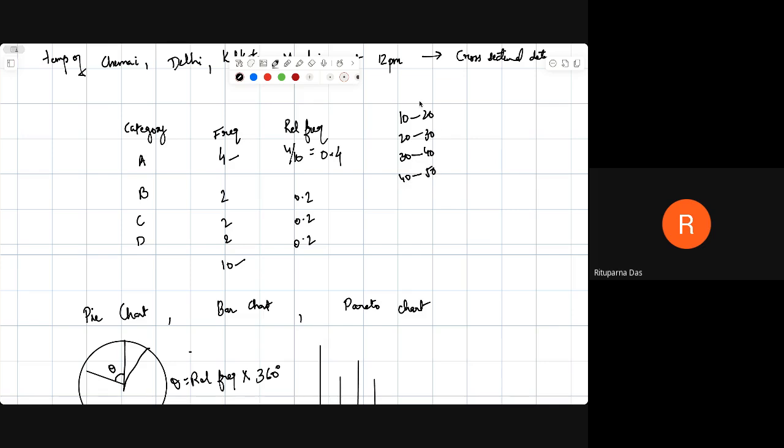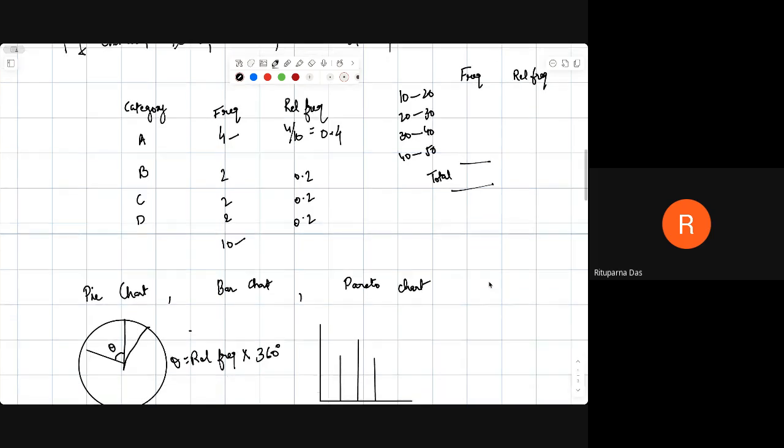Because numerical data is interval or ratio, the number that can happen is continuous, which is why it has to be divided into ranges, and for each range we list out the frequencies, and accordingly we get the total here, and for each total we find out the relative frequency.